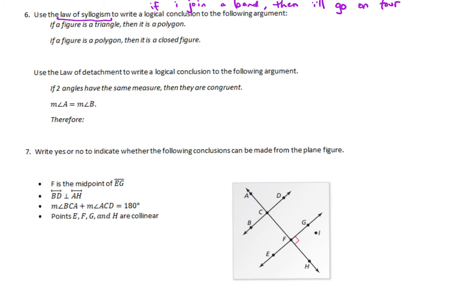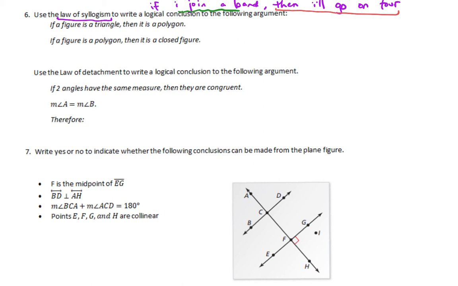So the law of syllogism says, if this first thing happens, then ultimately the last thing is going to happen because the middle one links the two together. So I could say if I play guitar, then I'll go on tour. Because this middle thing links the two statements together. But for that to happen, the middle part has to be the same.